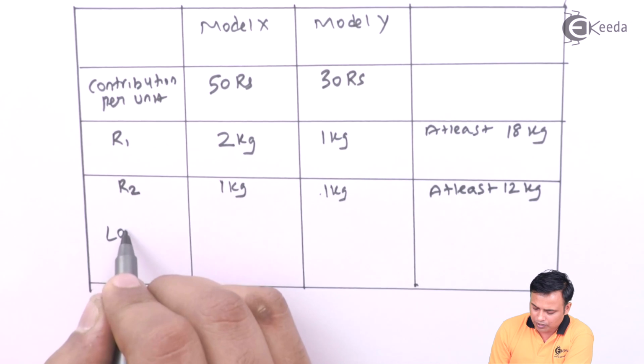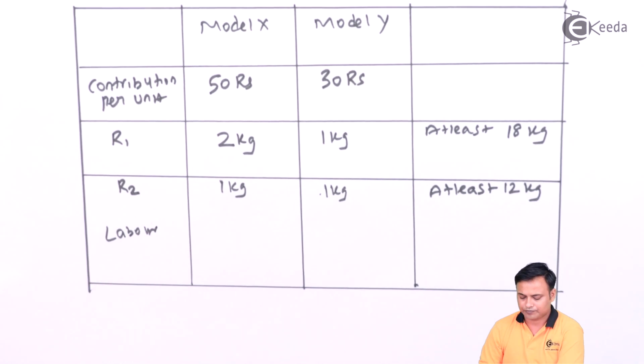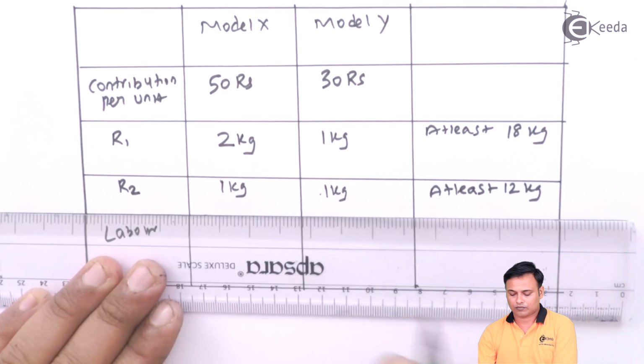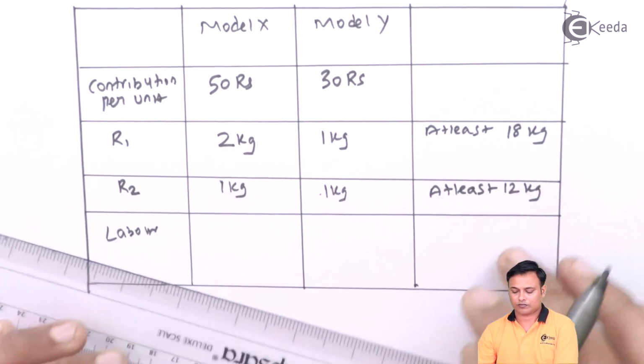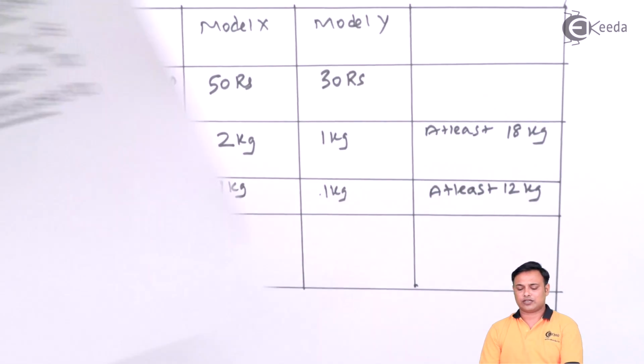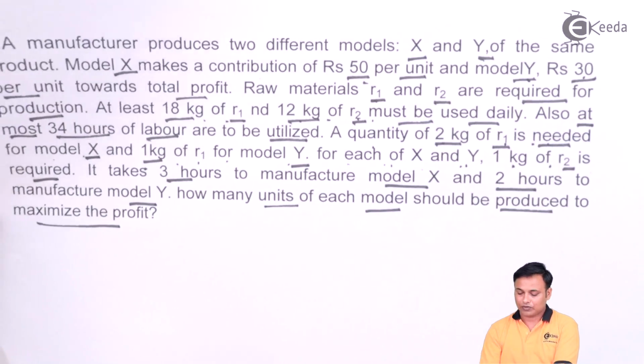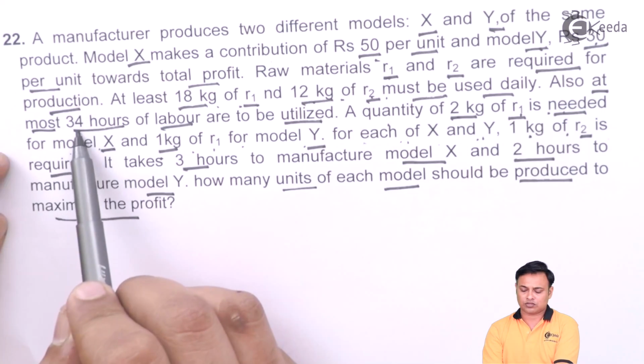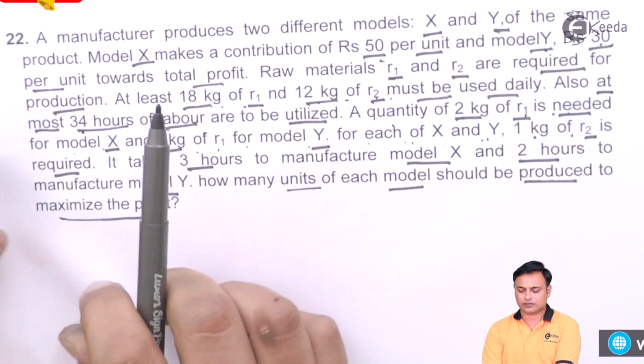Then we add the labor hours or the labor time. The labor hours that were available, we had at the most 34 hours of labor to be utilized.